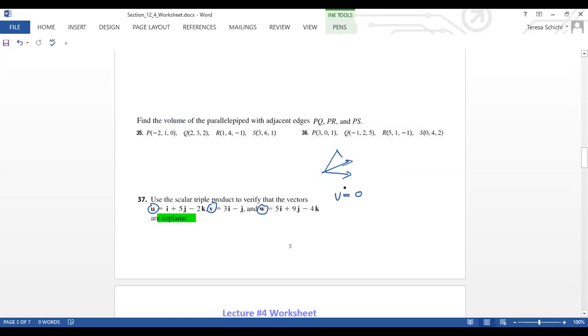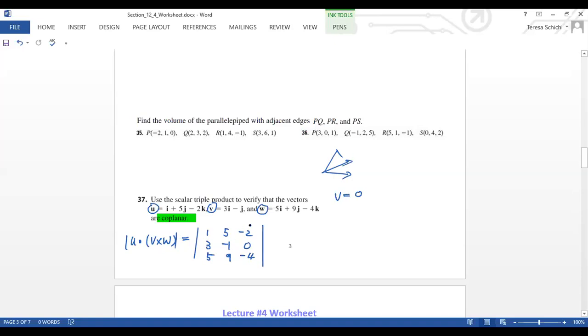How do I get the volume of a parallelepiped? From our lecture, the parallelepiped volume is the triple product. So the triple product is U dot (V cross W). Here, we put in 1, 5, -2, then 3, -1, 0, and then 5, 9, -4.